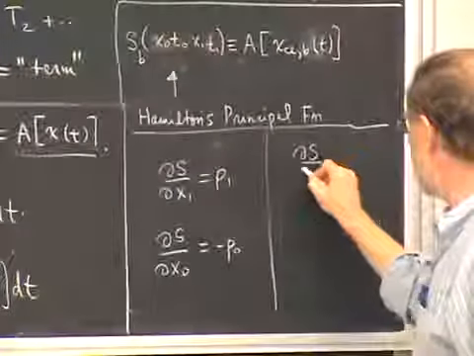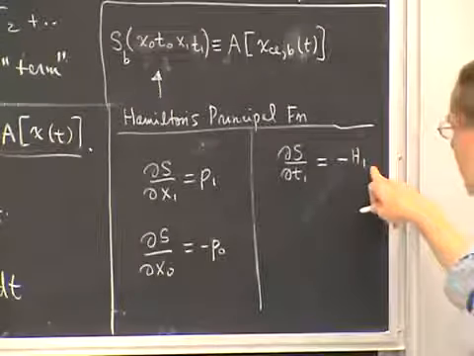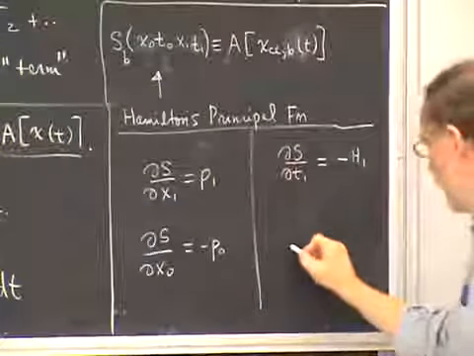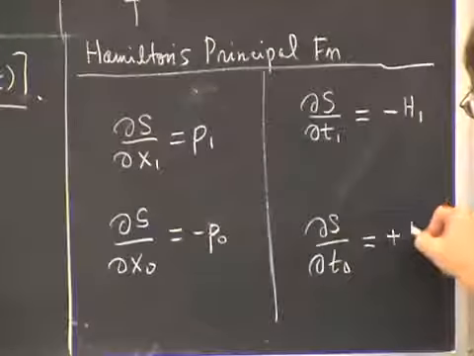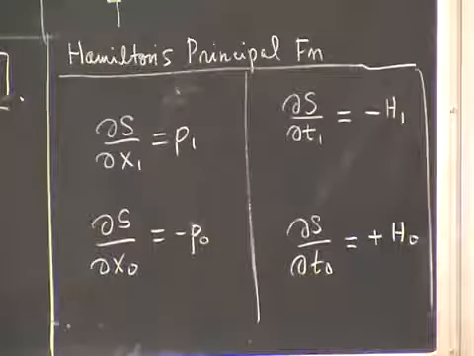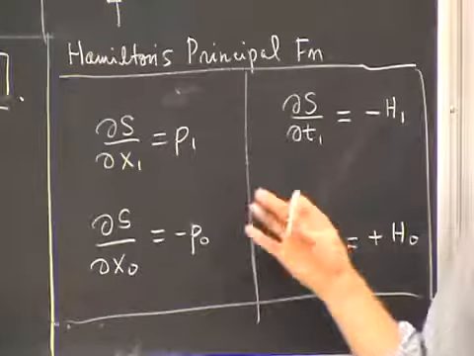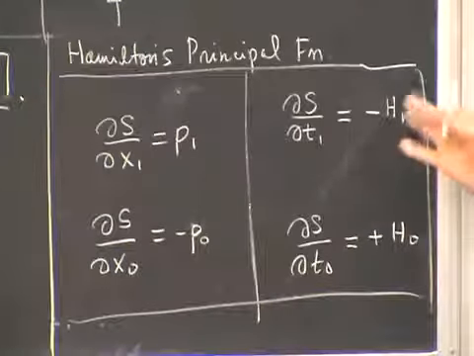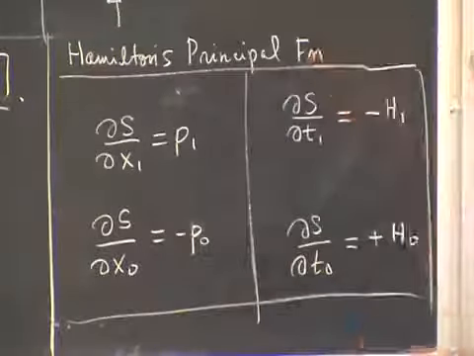Likewise, dS/dt1 is equal to, with a minus sign, the Hamiltonian at the end of the path, the energy at the end of the path. And dS/dt0, with a plus sign, is equal to the Hamiltonian at the beginning of the path. I won't prove these in class here, although I did prove them in an appendix that I wrote on classical mechanics. So if you want to see how these are derived, you can look in there. Anyway, this is Hamilton's principal function.